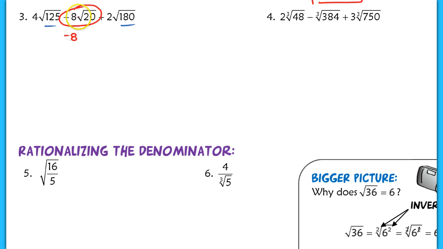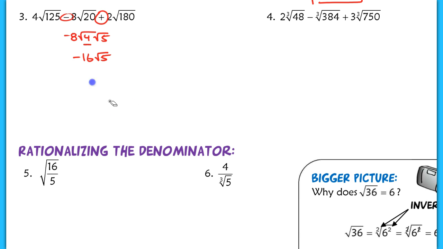I can rewrite negative 8 times the square root of 20 as negative 8 times the square root of 4 times the square root of 5 because 4 is the largest perfect square that fits inside of 20. All right, now if I do that, I'm going to simplify that to 8 times 2, so negative 16 root 5. Okay, this is giving me a hint because if I want to add or even subtract this value from something else, I need to have the same radical expression.